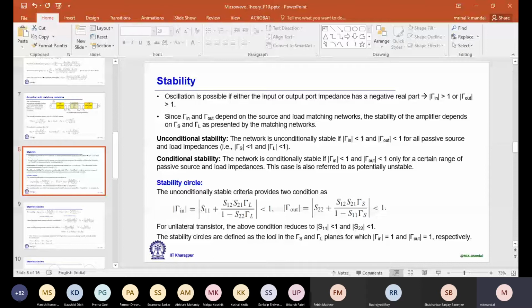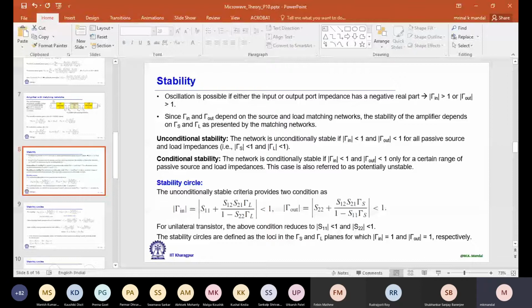So what is the physical meaning of negative resistance? The physical interpretation is that instead of absorbing power, it will generate some power. That is the meaning of negative resistance. And whenever we have power generation, we can have oscillation also.